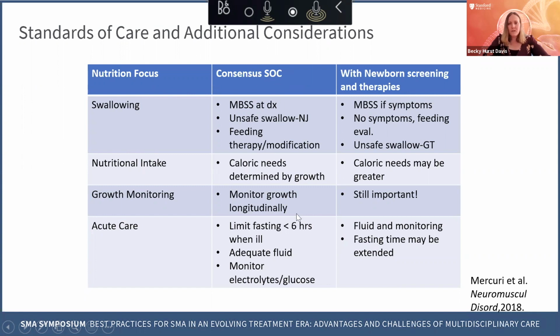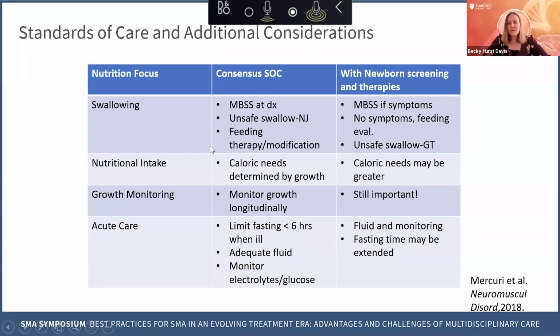At this point, when these discussions were being made, it was in clinical trials. And so we have added onto this last column what we're seeing now. But I just wanted to be very clear that this is not part of the consensus, just the middle column.